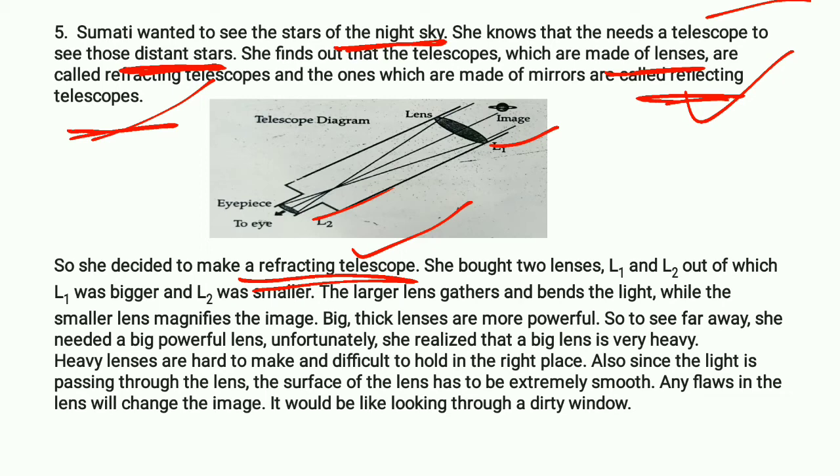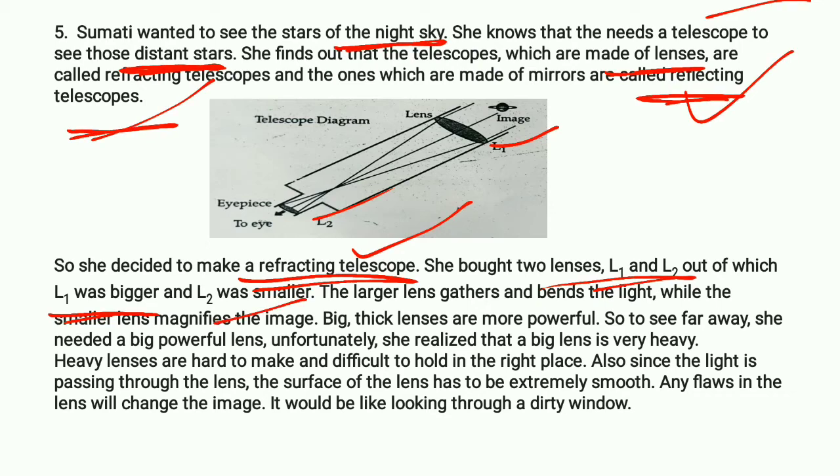Now she bought two lenses, L1 and L2, out of which L1 was bigger and L2 was smaller.